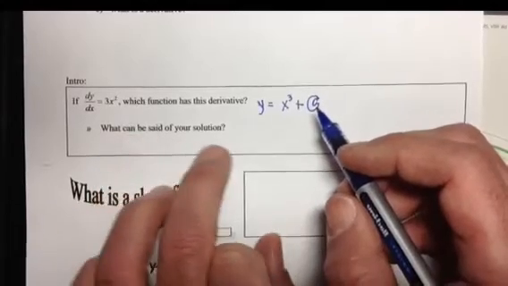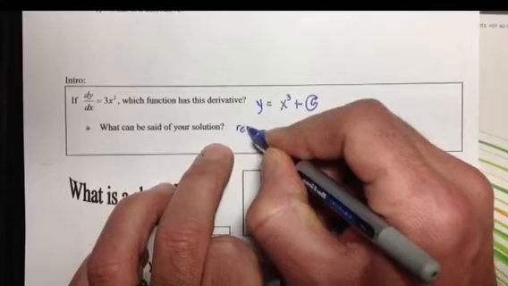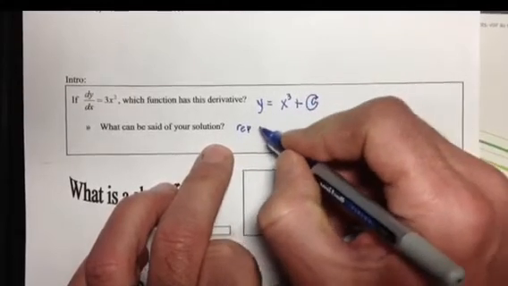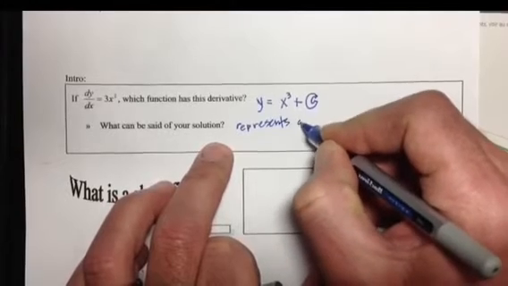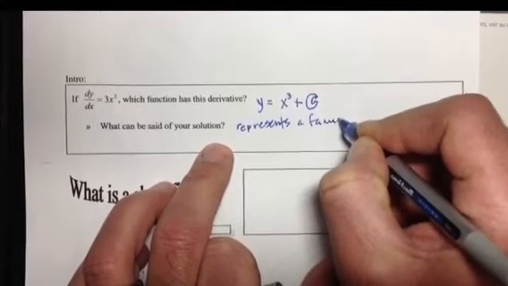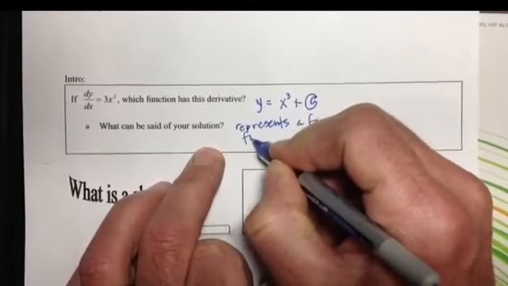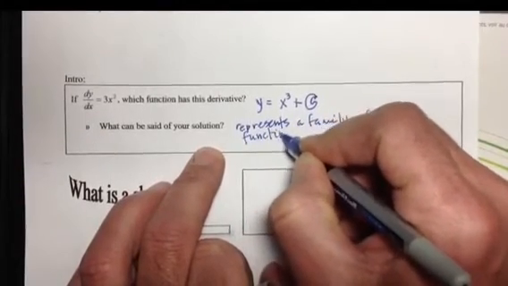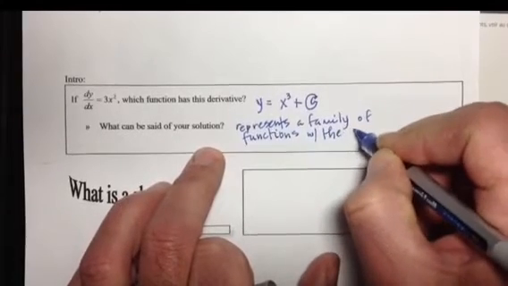And when we take this derivative, we do in fact get dy/dx equal to 3x squared. So again, what can be said of this solution? It represents a family of functions with the stated derivative.